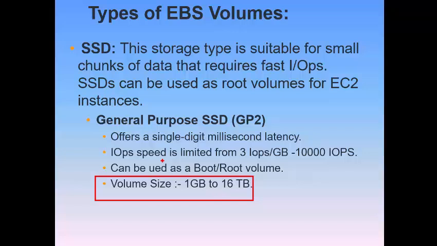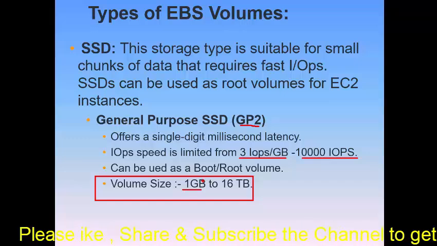Very simple point. Normally it is GP2 and GP3. By default you get GP2. 3 IOPS per GB can go up to 10,000. So if you have 1 GB, you will get 3 IOPS.